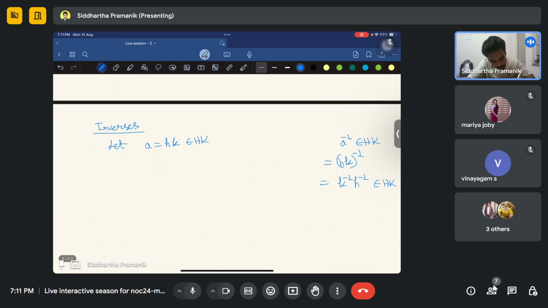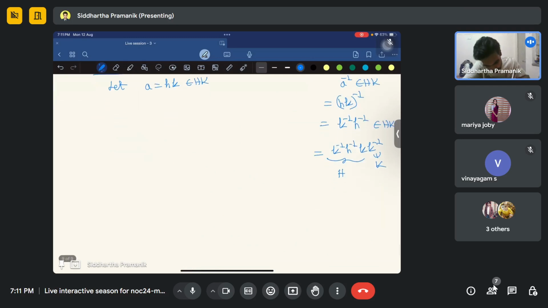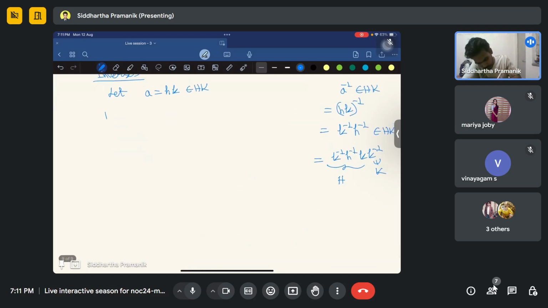So again observe that this can be written as K inverse H inverse K times K inverse, and this element is in H because H is normal, and this element is in K. So we are done. So let's write this just now.